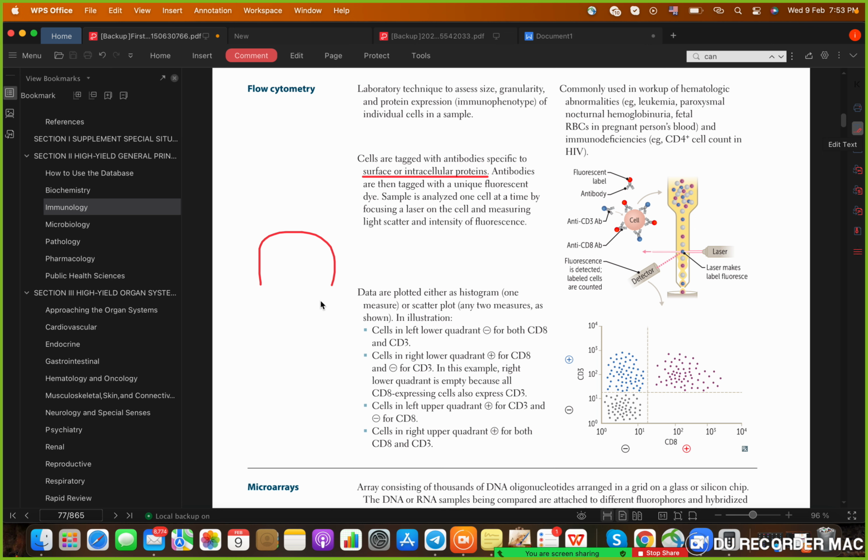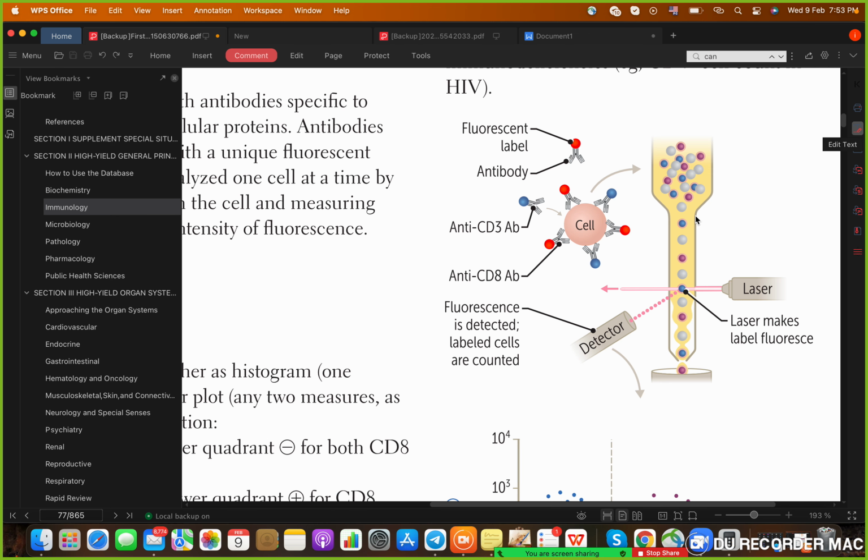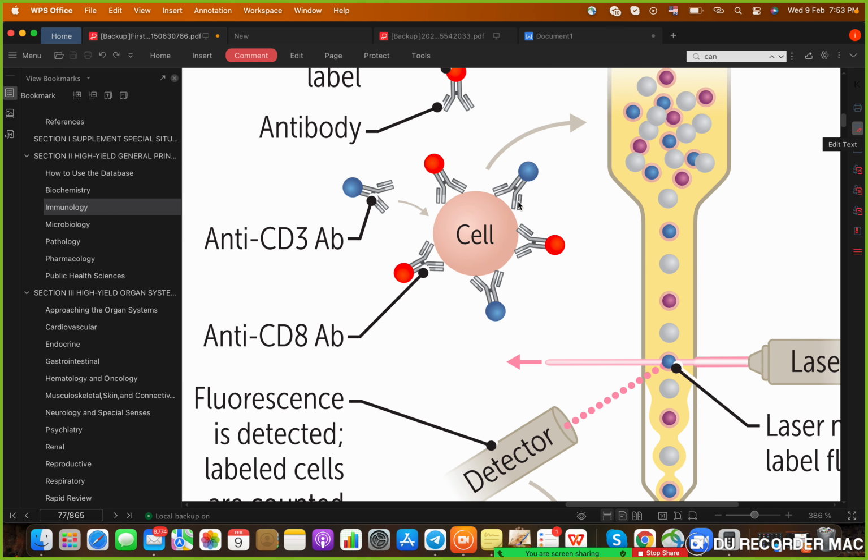So let's imagine that this is a cell and it's CD3 and CD8 at the same time. So this cell has an antibody against it, which is against CD3 and CD8.